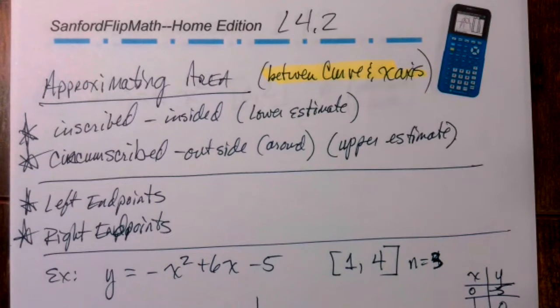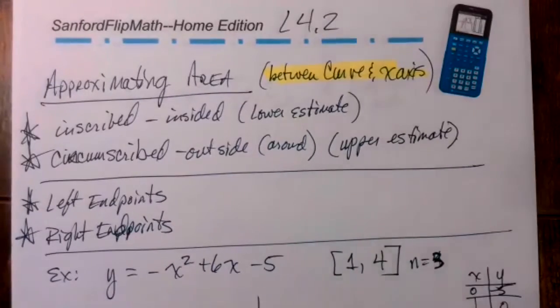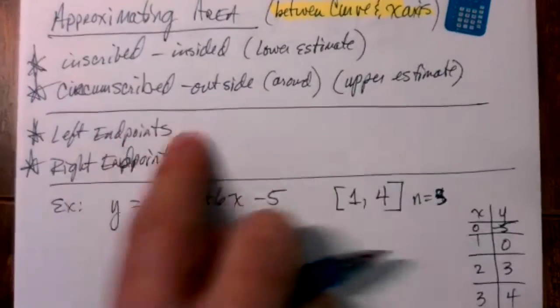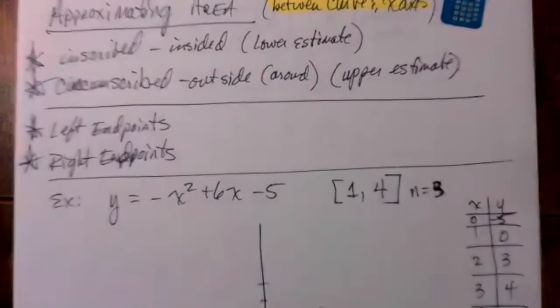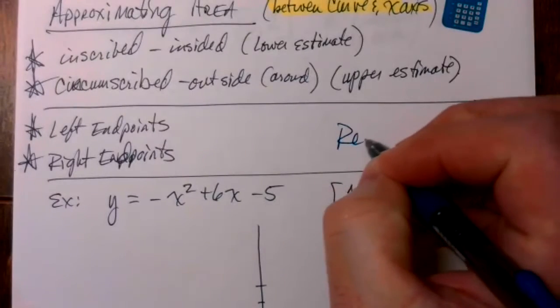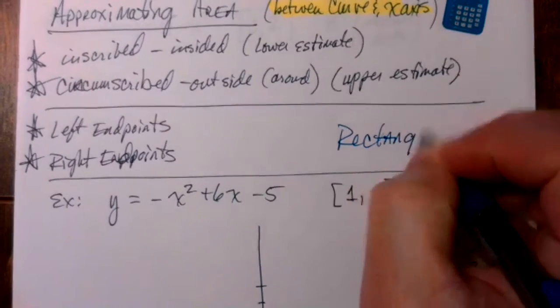It will get there, it's going to take a minute. So what we're going to do is take a curve. I'm going to work from this example and then I'll refer back to these ideas. But the idea is we're going to be putting rectangles between a curve and the x-axis. So we're going to use rectangles.